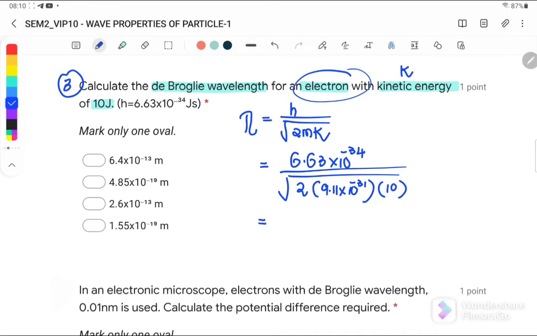So finally, the de Broglie wavelength for an electron is 1.55 exponent negative 19 meter. So the answer is D.